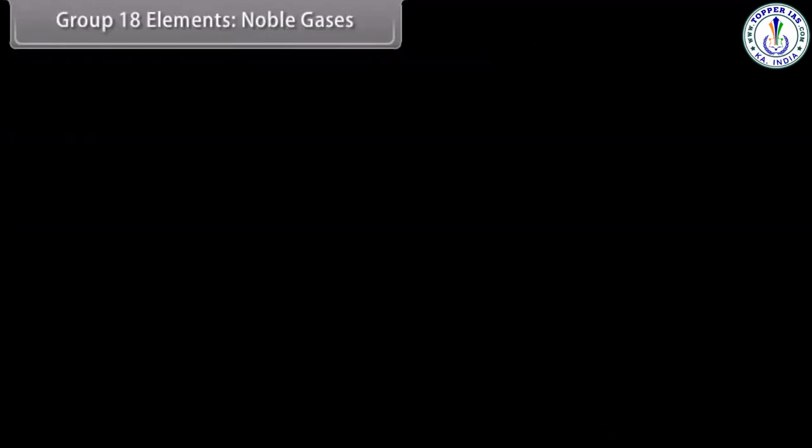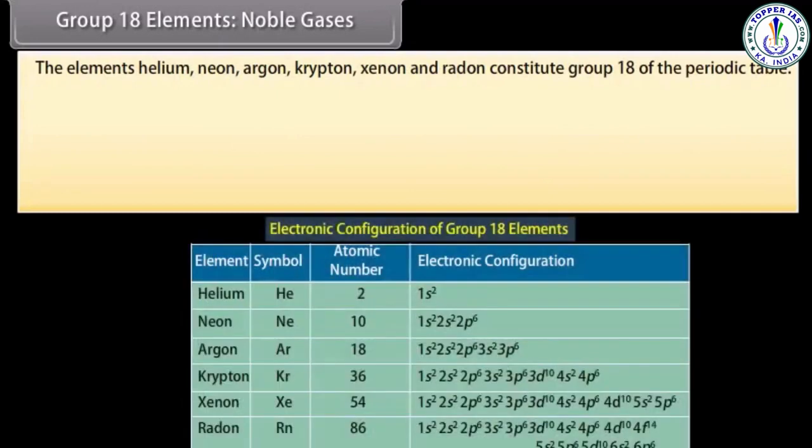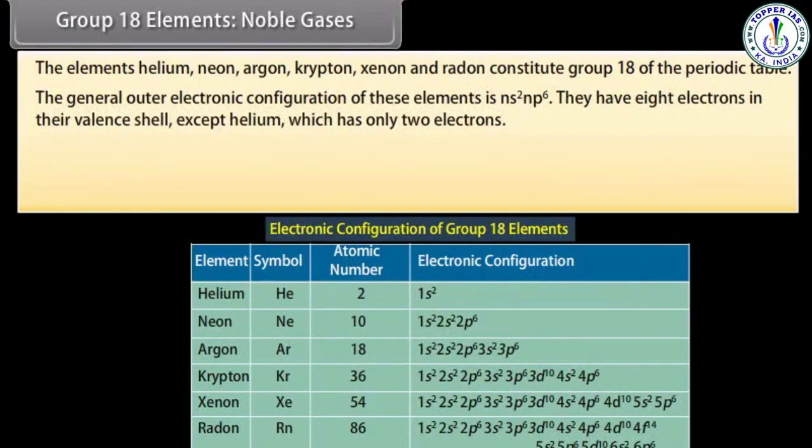Group 18 elements, noble gases. The elements helium, neon, argon, krypton, xenon, and radon constitute group 18 of the periodic table. The general outer electronic configuration of these elements is ns2np6.